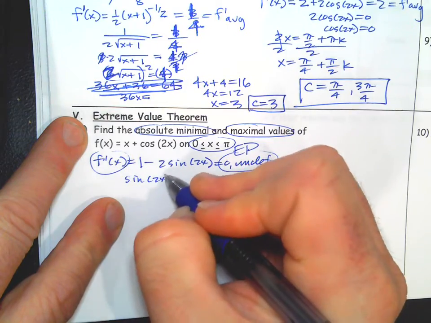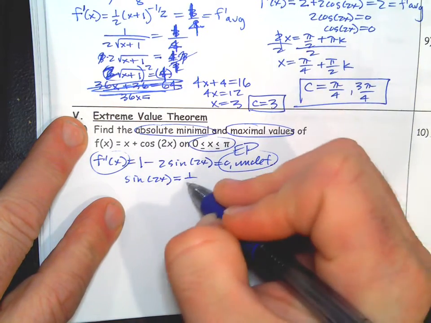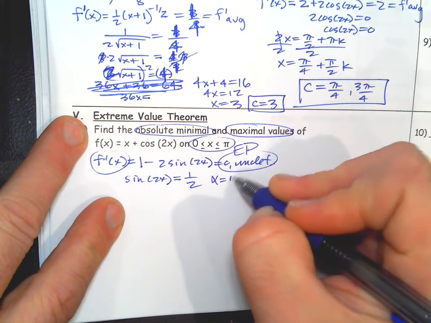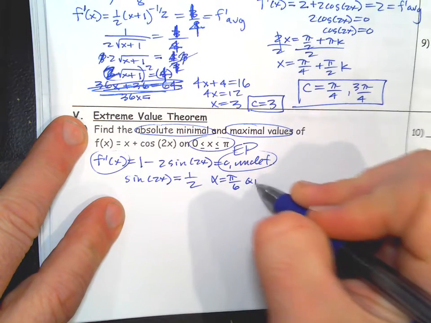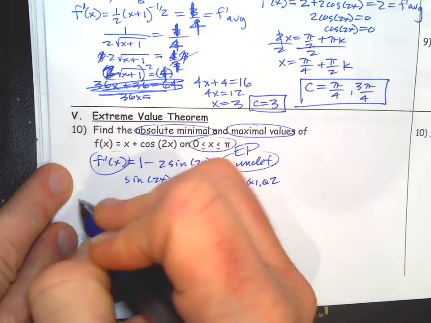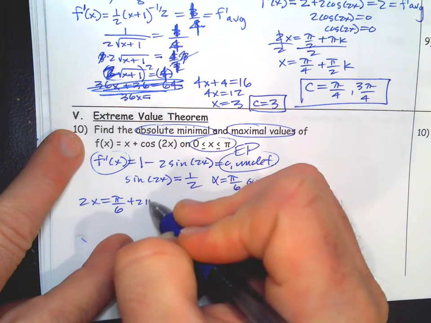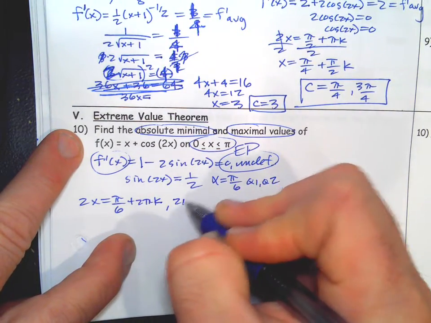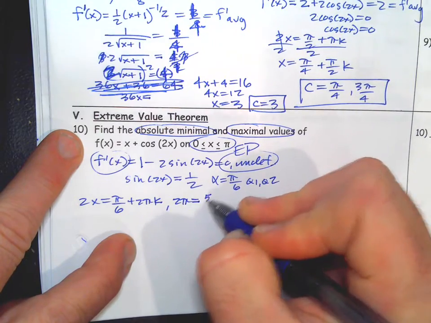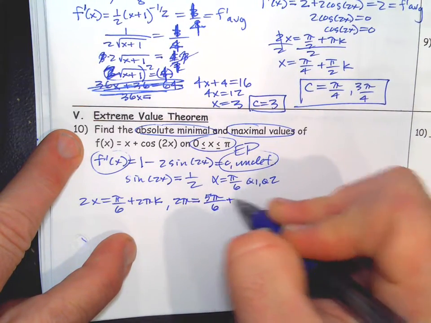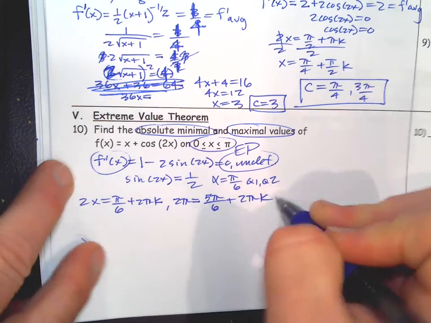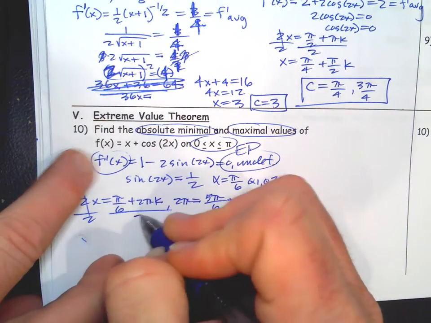Sine 2x equals positive 1/2, alpha equals pi over 6, quadrants 1 and 2. 2x equals pi over 6 plus 2 pi k. 2x equals, quadrant 2, 5 pi over 6 plus 2 pi k. We divide by 2.